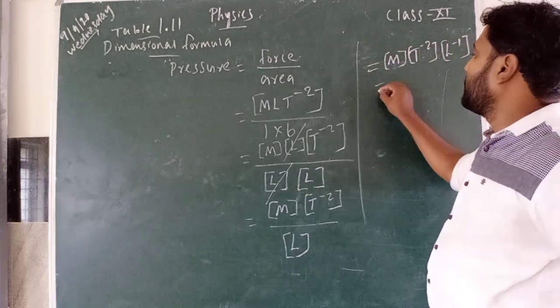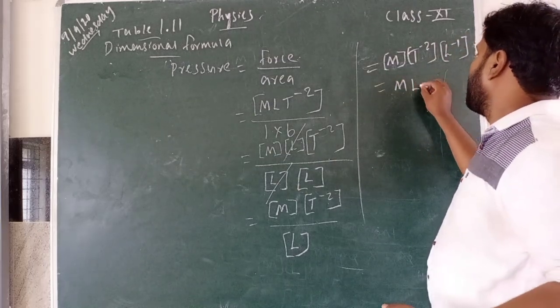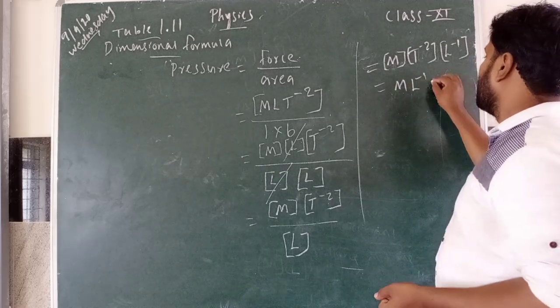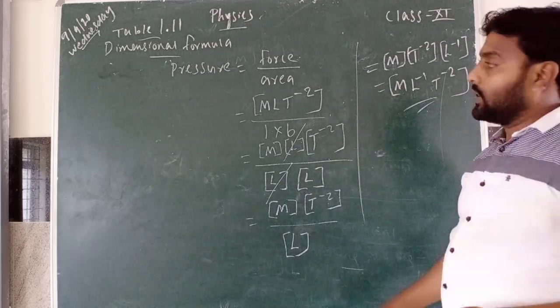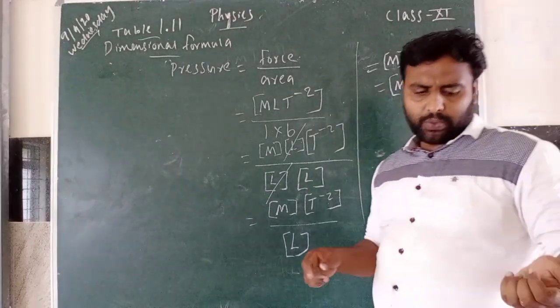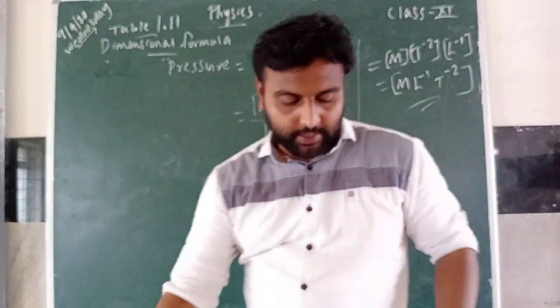Now arrange and write M L power minus 1 T power minus 2. This is the dimensional formula for pressure or stress, you can tell.